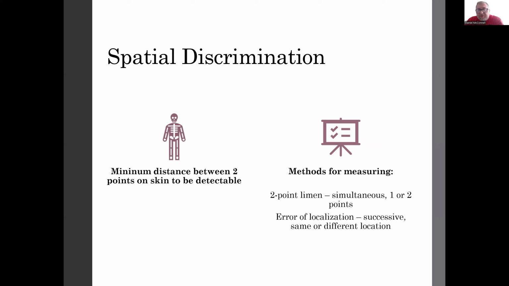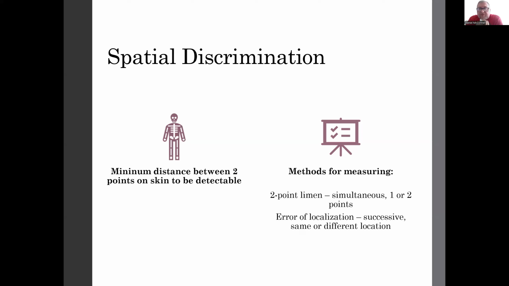The other method is called the error of localization technique. And what you're going to do here is, again, come down with a point, but it's a successive application of contact. So we're going to come down in one position on the skin, and then I'm going to lift up, and then I'm going to move my point of contact over, let's say, a millimeter, and come back again. And so now I have poked this person twice in 2 different locations.